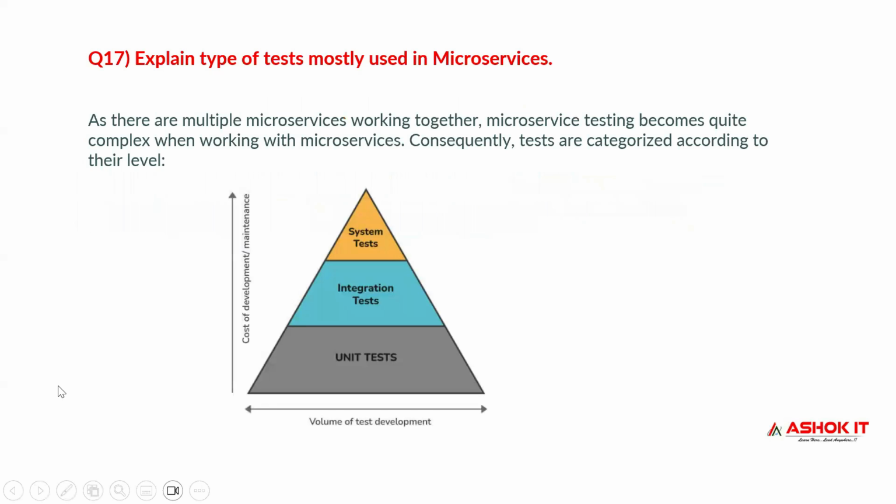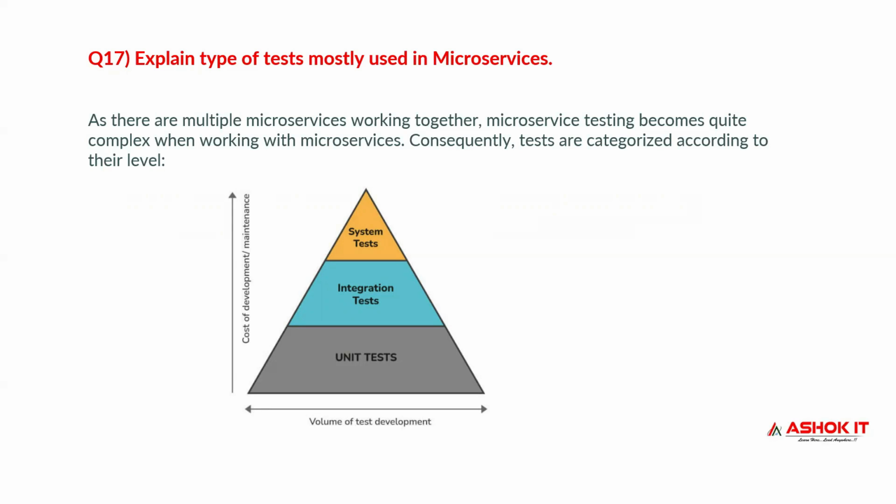Let's move to the next question. Explain the types of tests mostly used in microservices. Now we will discuss the tests which are basically used in microservices. As there are multiple layers or multiple systems which work together, testing becomes quite complex when working with microservices. Consequently, tests are categorized according to their level.